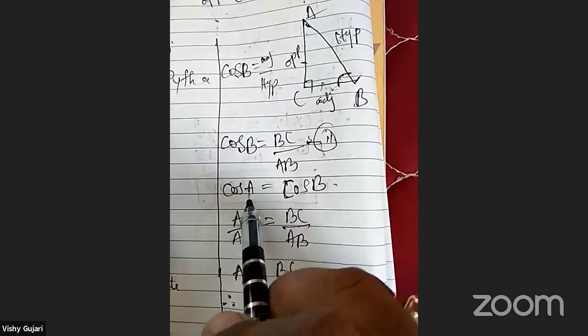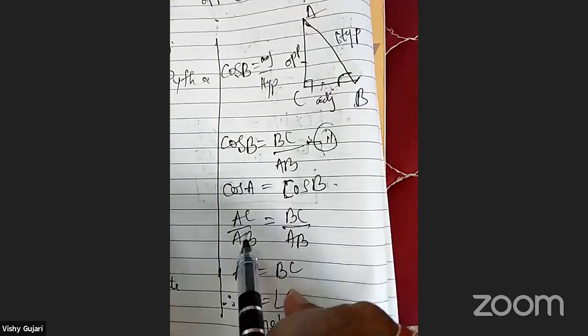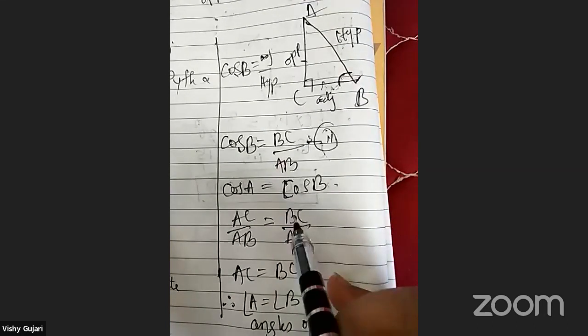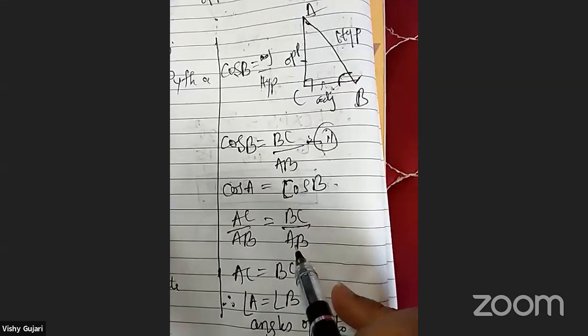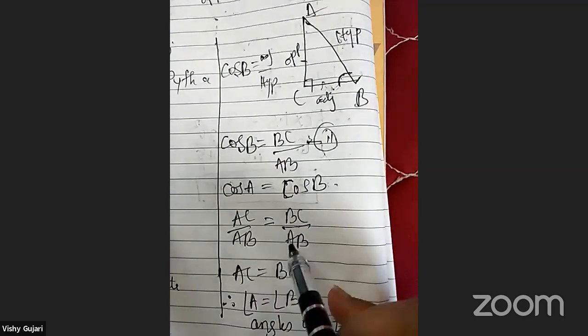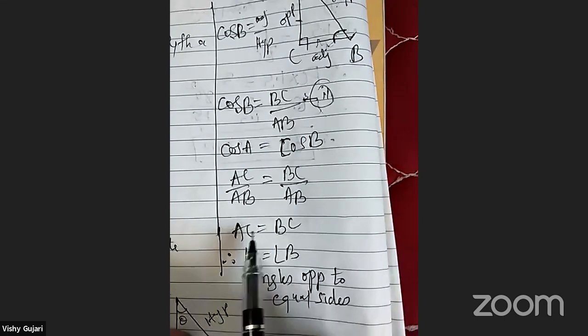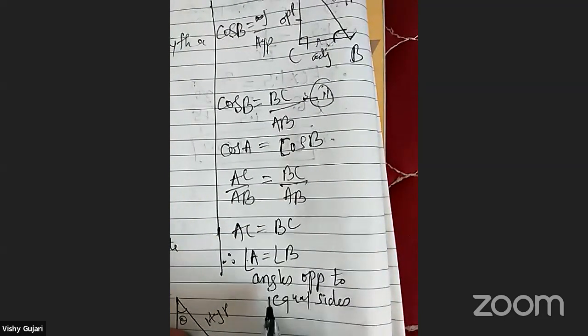It is given in the problem cos A and cos B are equal. Therefore, AC by AB is equal to BC by AB. That implies these two fractions are equal. Their denominators are equal, so numerators must be equal. So AC is equal to BC. If these two sides are equal, their opposite angles are also equal.